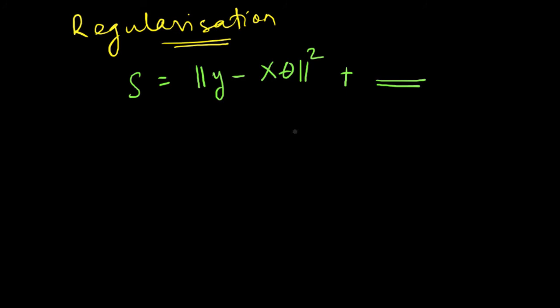So now, as you already know from the previous video, the most common method is to have an L2 norm of the weight or the parameter values. So you have lambda times the L2 norm of the parameter. When I write 2 in the subscript, that means that you are taking an L2 norm.